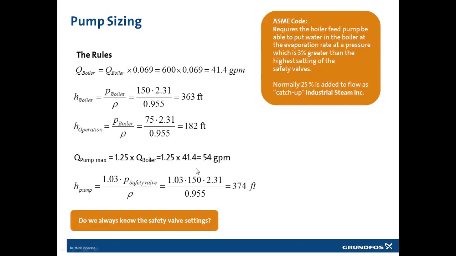And the head of the pump for design and safety factors will be 1.03 times my safety valve setting and the constant and the correction factor. That gives me a head of 374 feet.